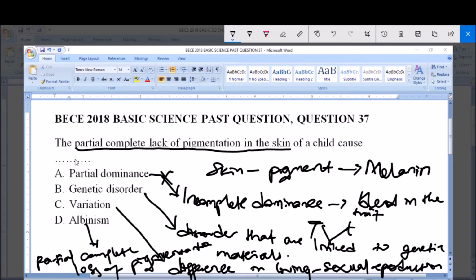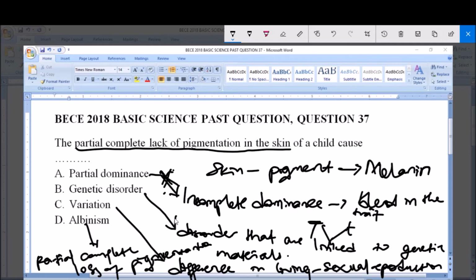And our question says the partial complete lack of pigmentation in the skin of a child causes dash. Like I told you, partial dominance just refers to incomplete dominance. That is, there's a blend between these two traits, and it is not caused by the lack of pigmentation. Likewise, genetic disorder is not caused by lack of pigmentation.